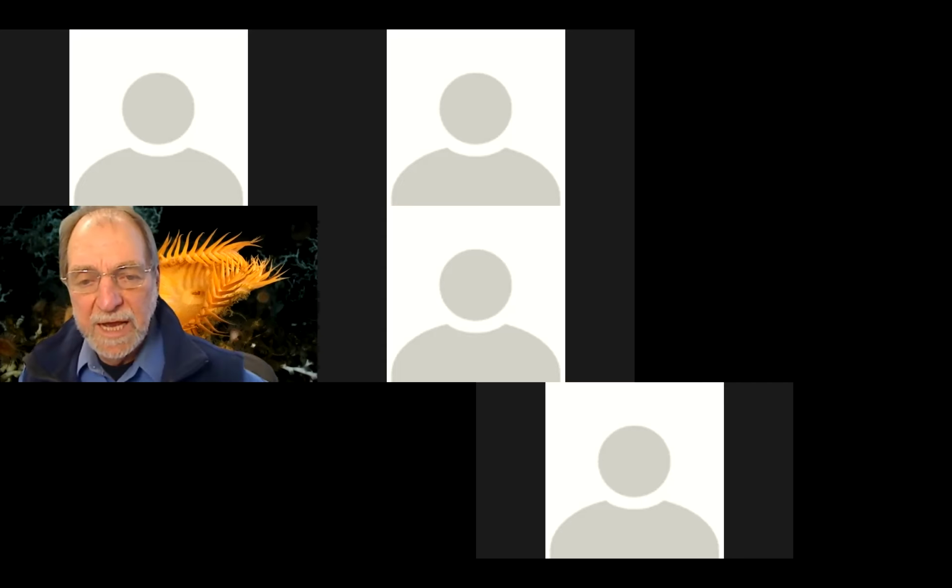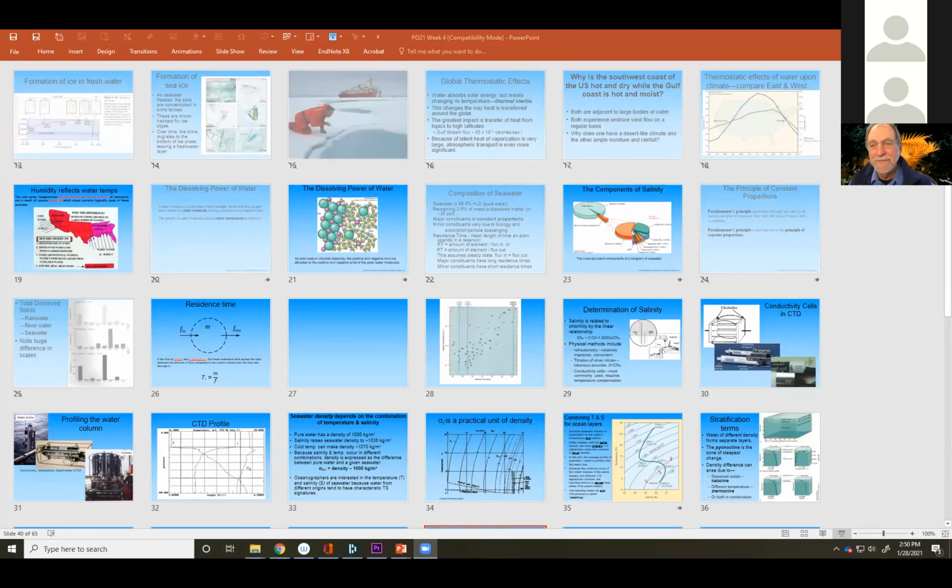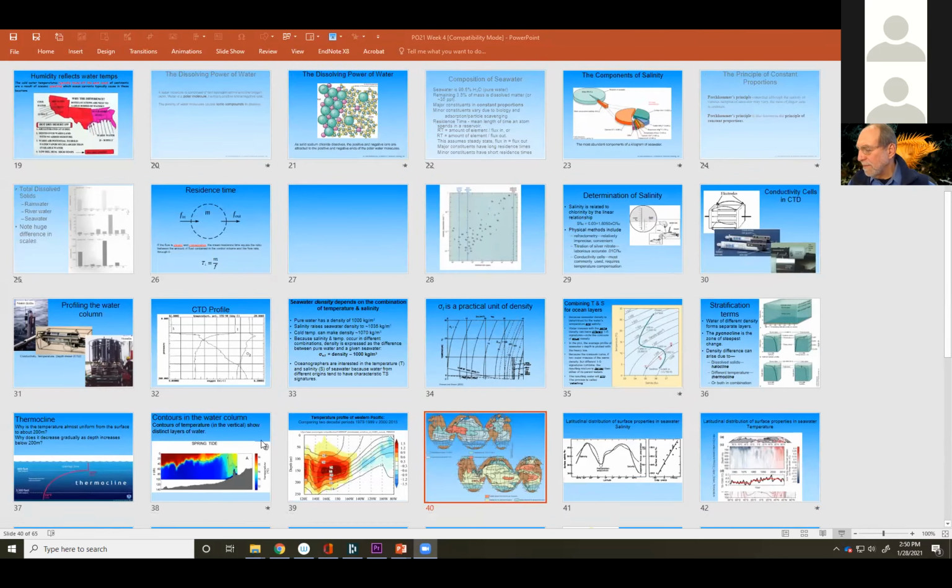All right, you see the slides now? No. And now there's no slides at all. I know, this is operator error. We should get a new professor that's more adept with this. Okay, now do you see them? Yeah. Which one do you want to go to? The chart of temperature contours that was a longer rectangle with the gray section. There you go. This one? Okay. Contours in the water column.